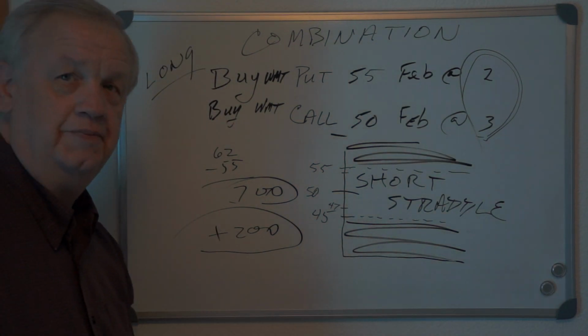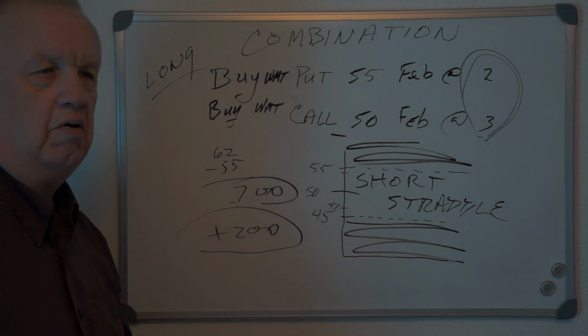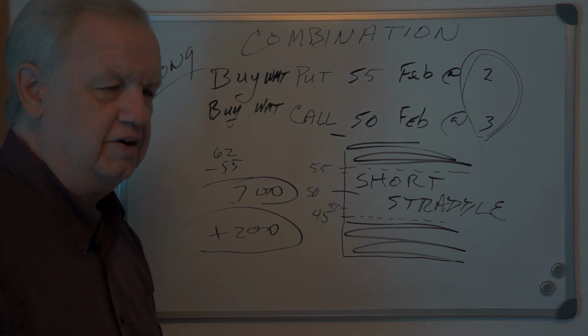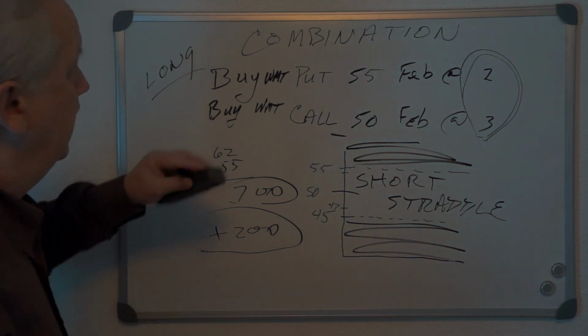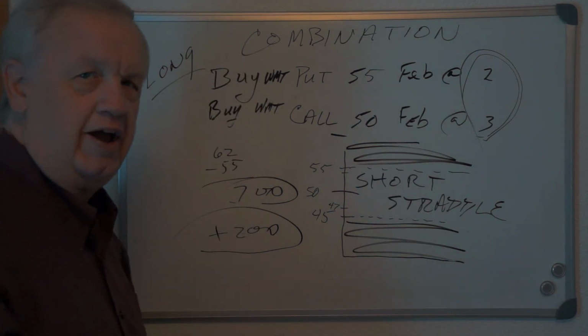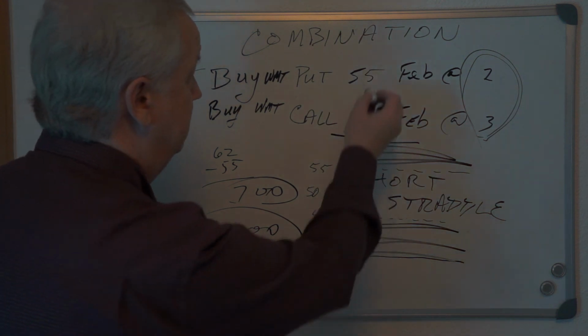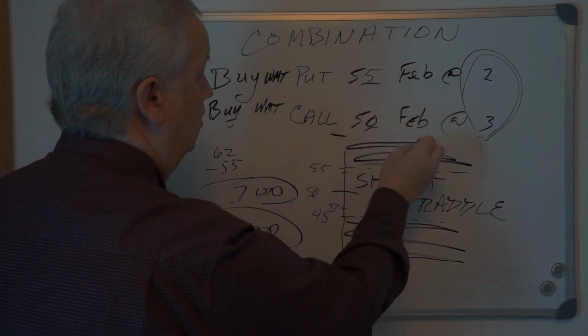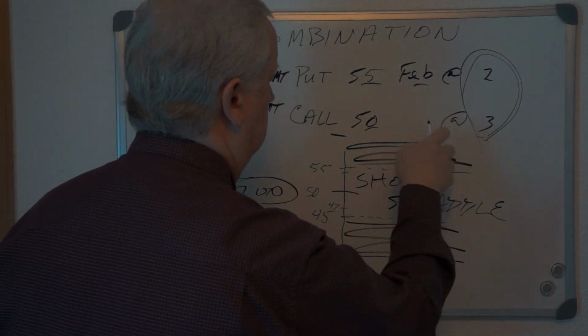Pretty stupid, huh? I mean, to intimidate everybody on all these different types of options and strategies, and all you have to realize is a combination is a straddle with a spread feature. Something different, here or here. This could be March.